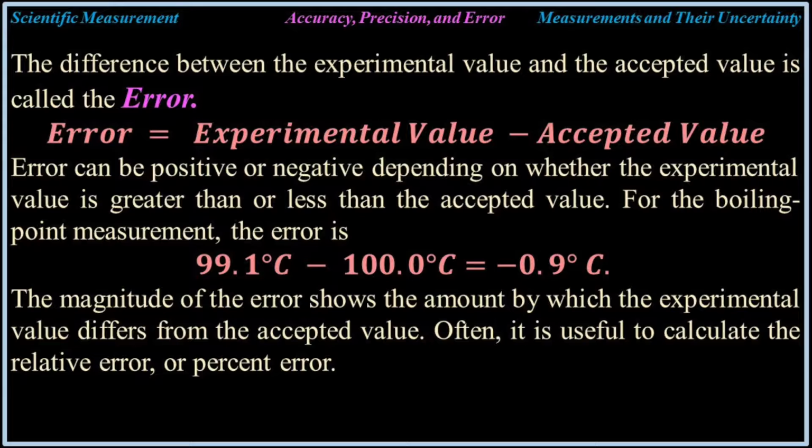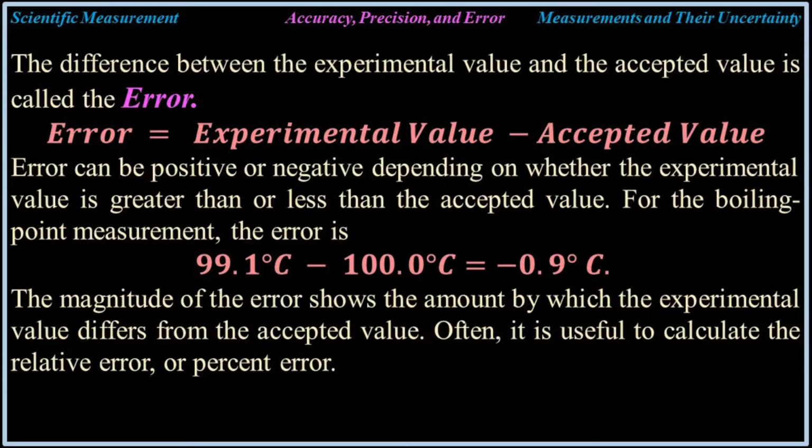Often it is useful to calculate the relative error, or percent error. It will become obvious to you that the error is an absolute quantity, meaning it has no direction, it has no sign, it's just a natural number.